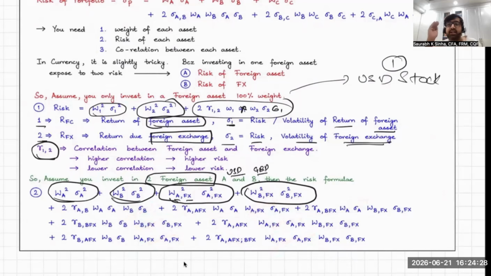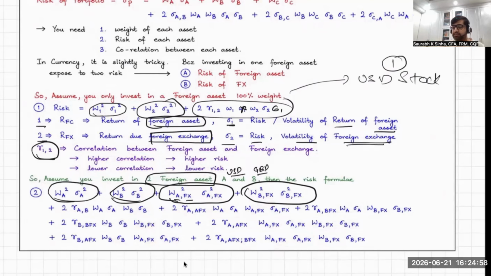And if you're able to write these six correlation terms, then you understood that when you're investing in one single foreign asset, you're exposing yourself to two different risks. And you have to cater not only to these two different risks, but the correlation between this with others and this with others.